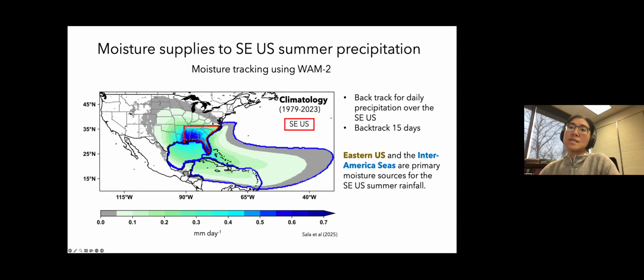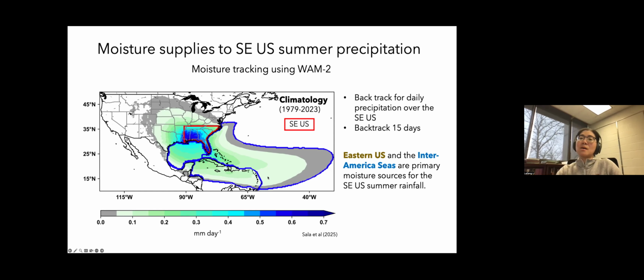The color shading is mostly over two regions: the eastern US, the terrestrial region, supplying moisture to the southeastern US, and also a broader region covering the Inter-American Sea and part of the subtropical North Atlantic. They are supplying moisture into the southeastern US from the oceanic sources.